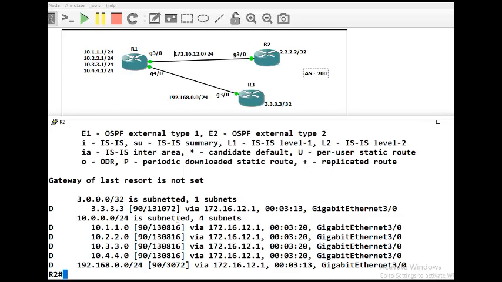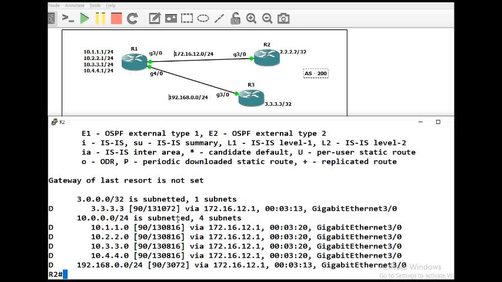I do have a question. Yes, please. Right. The advertised distance for the loopback and the advertised distance for that 192, why is it so low for the 192?